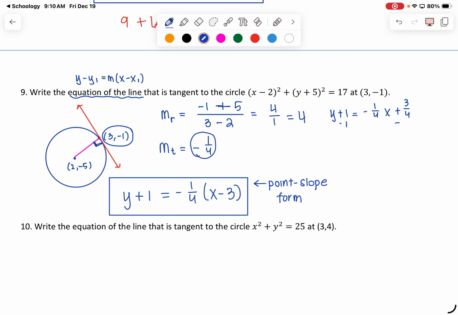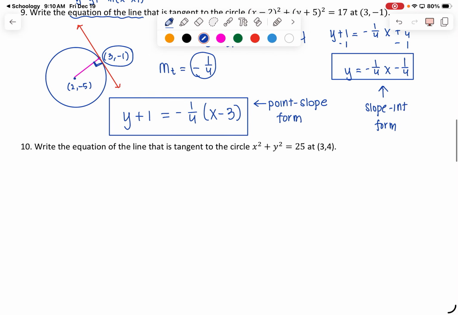And then subtract 1 from both sides, and we have y equals -1/4 x minus 1/4. So this right here is slope-intercept form. Now, it just asked me for an equation of a line, so the first one was fine, but just for future reference. Wink, wink, nudge, nudge.